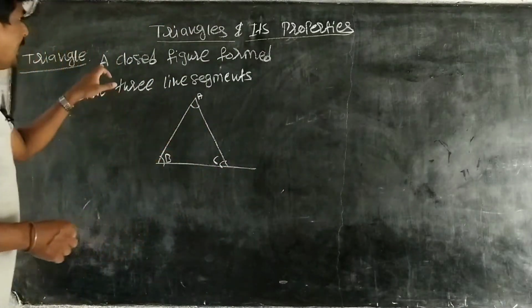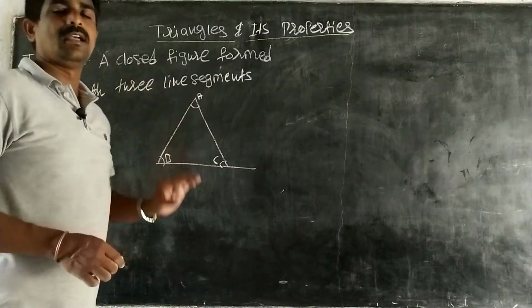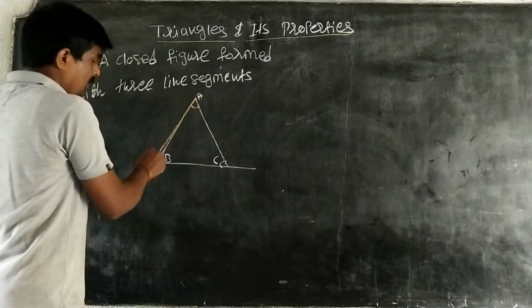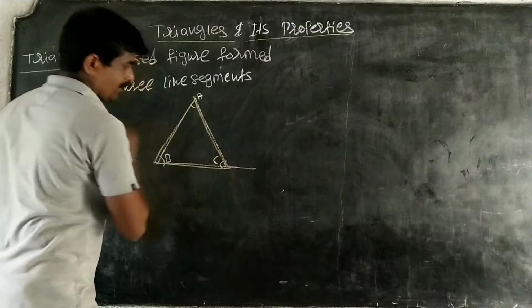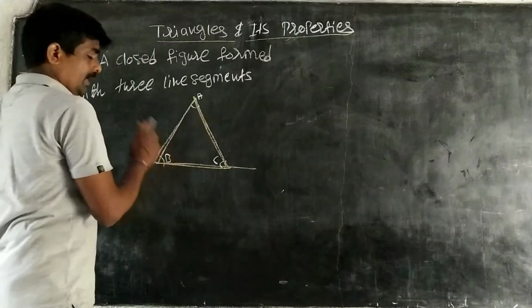Observe here. A triangle is a closed figure formed with three line segments. This is one, two, three.